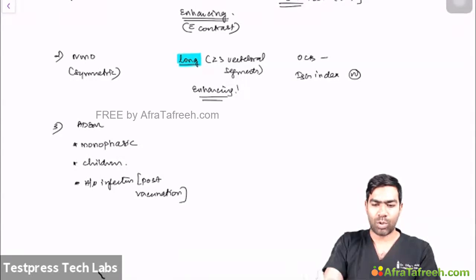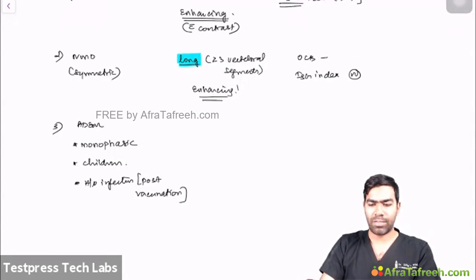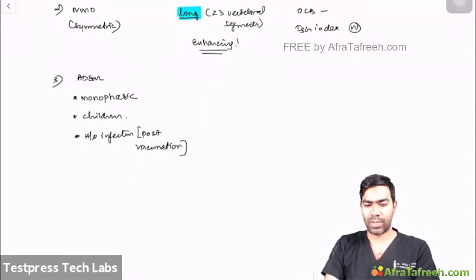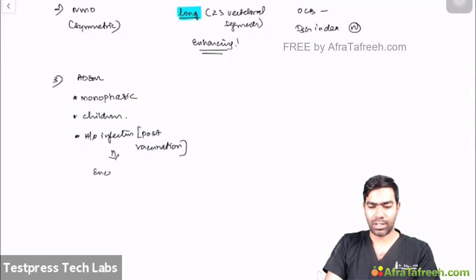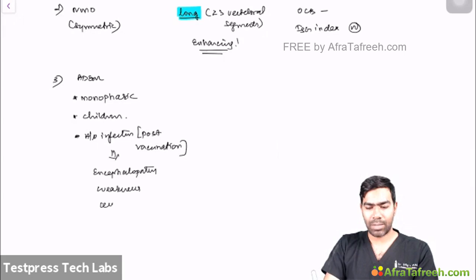Most often this ADEM will have cerebellar involvement. That is very important. They will present with encephalopathy. They will have weakness because of spinal cord involvement, and at the same time they will have cerebellar symptoms. This is the differentiating clue. Cerebellar symptoms. They will present with ataxia.